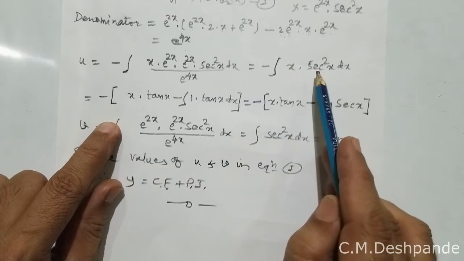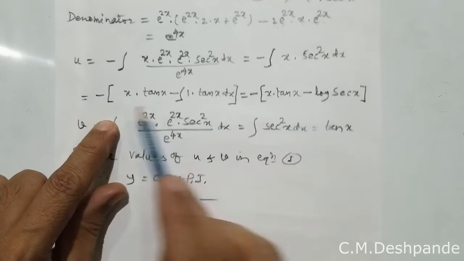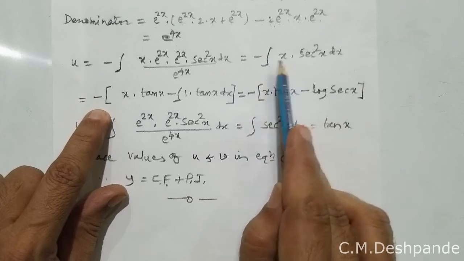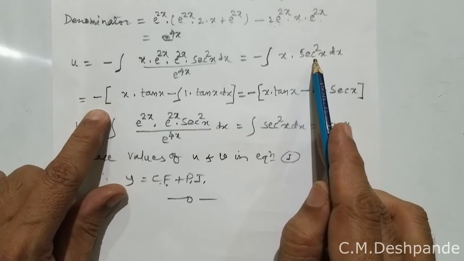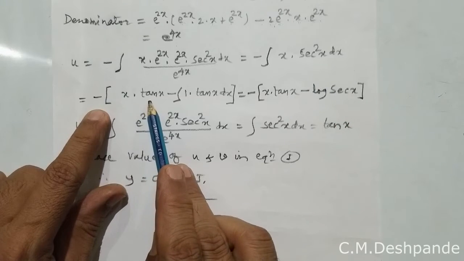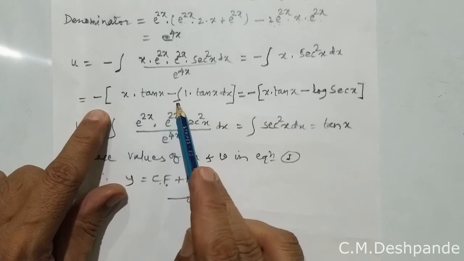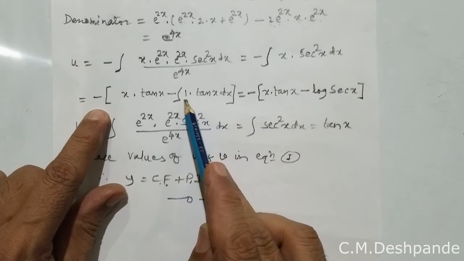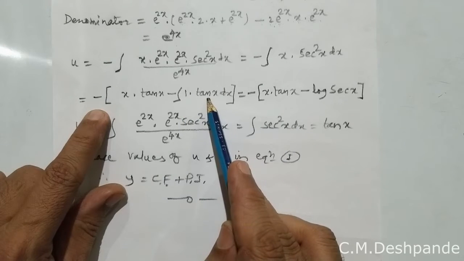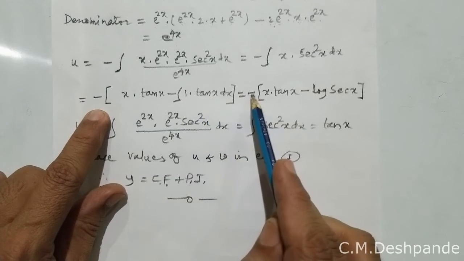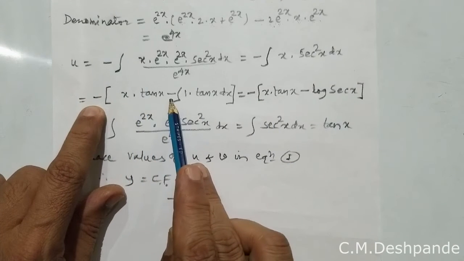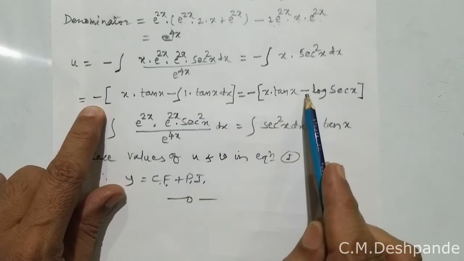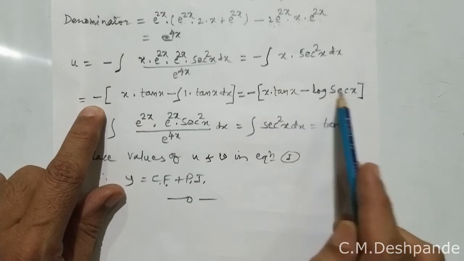X is the first function, sec square of x is the second function, then minus times first function as it is, x, into integrate second function, integration of sec square is tan x, minus integration of derivative of first, which is 1, into again integrate second function, which is tan x, equals minus times x into tan x as it is, and minus integrate tan. Integration of tan is log of sec x.